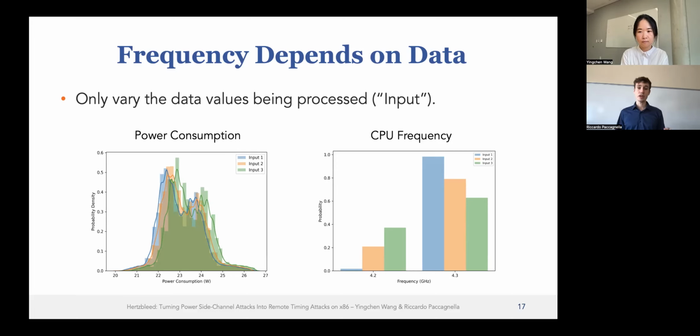But for the sake of this presentation, the message that really is important, as we will see, is that changes in the data being computed on by a program can reflect to differences in CPU frequency. As we will see, this is the key observation that will allow us to mount remote timing attacks, even on cryptographic implementations that were considered secure against timing attacks up until today.